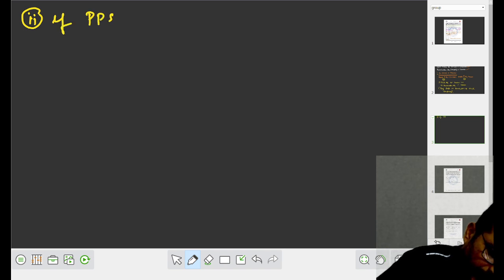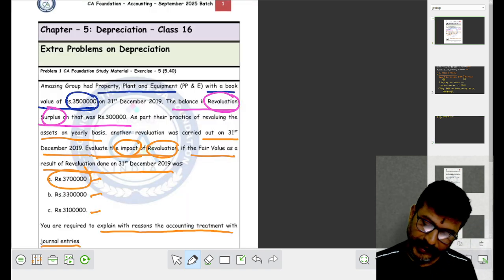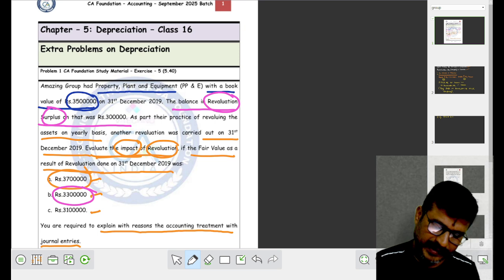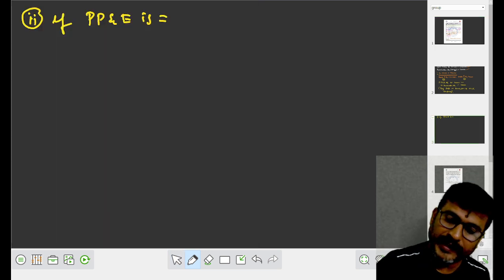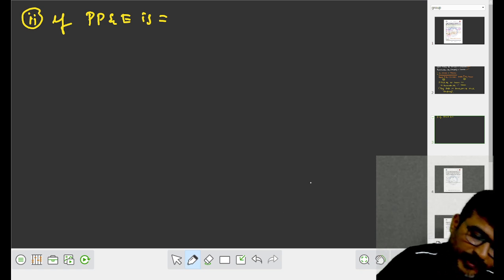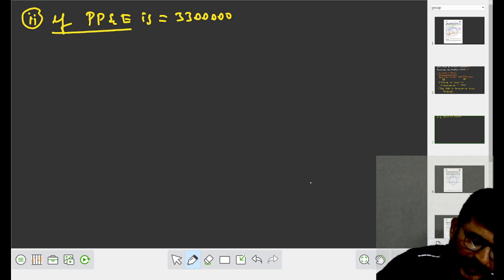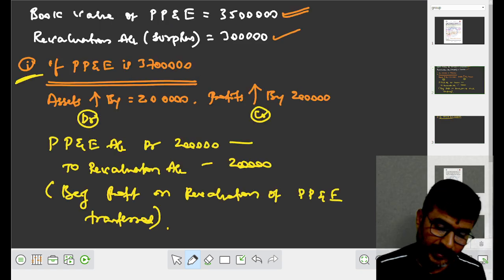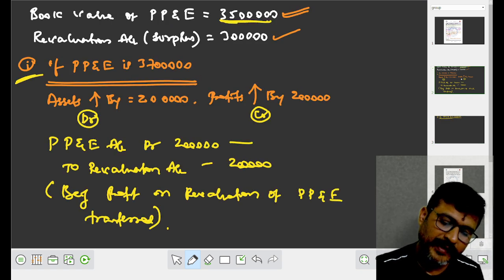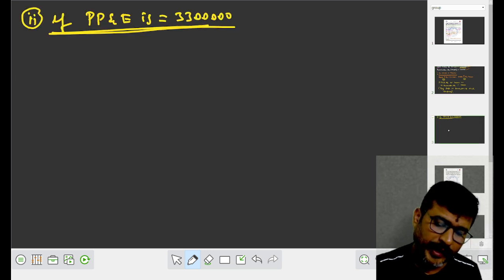If property, plant and equipment is 33 lakhs. Now tell me, what was your property, plant and equipment? 35 lakhs. Now how much has it become? It became 33 lakhs.